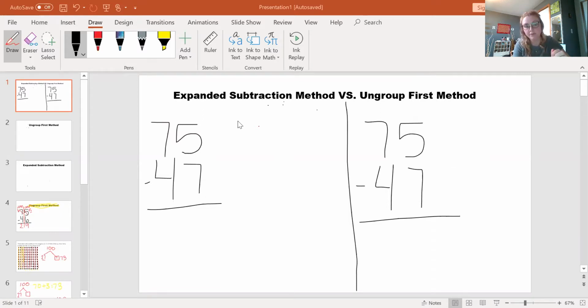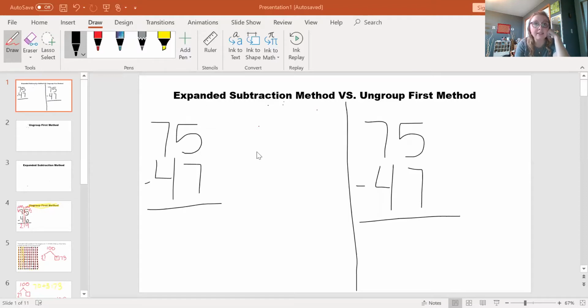Well, the expanded method does take longer than this method. But when we do the expanded method, we get a better visual of what is being taken away and borrowed, what's being carried and added. We understand more on those words and more on what's happening.